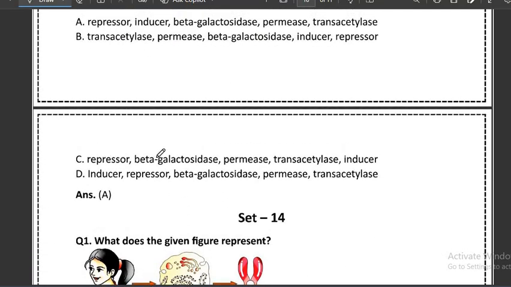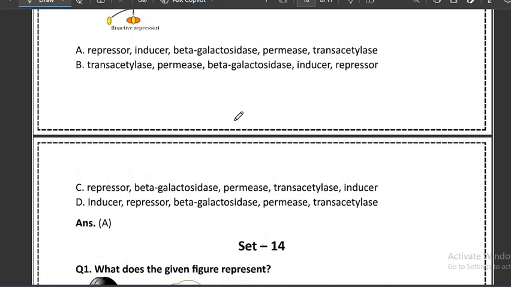C, repressor, beta-galactosidase, permease, transacetylase, inducer. D, inducer, repressor, beta-galactosidase, permease, transacetylase. Option A is correct.